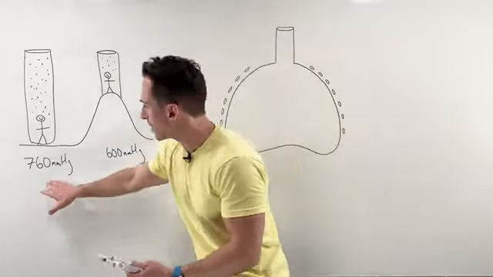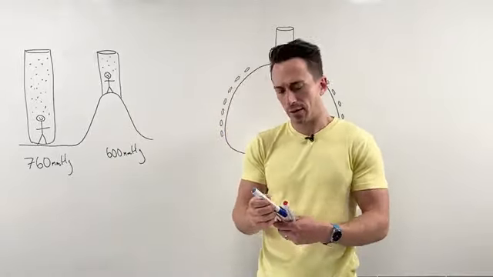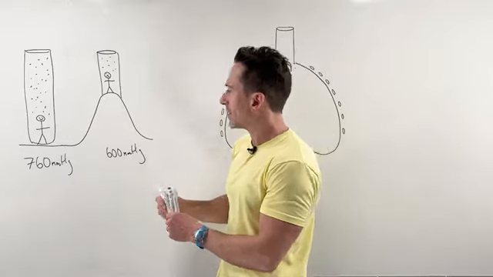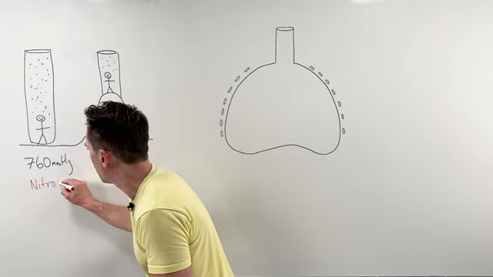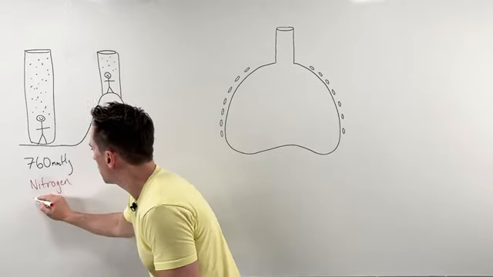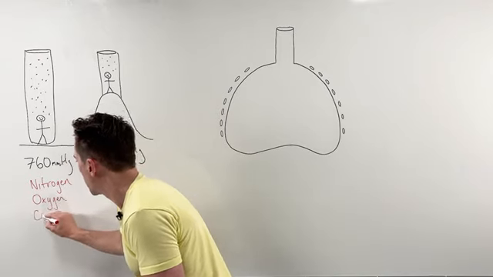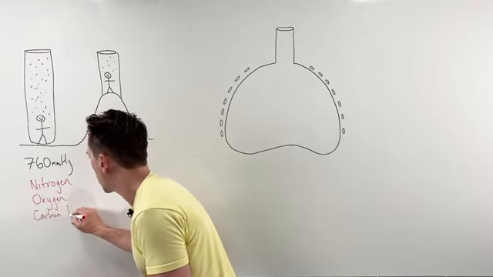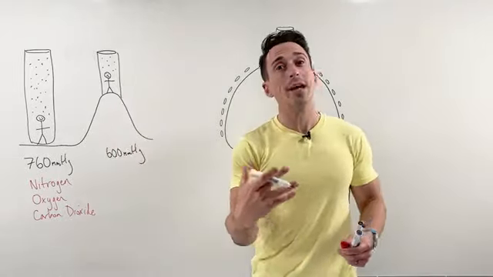So for example, in this case, we are surrounded by 3 major types of gases. The first gas that we are surrounded by is nitrogen. Then there's oxygen. Then there's carbon dioxide. And then the rest is what we call trace gases.